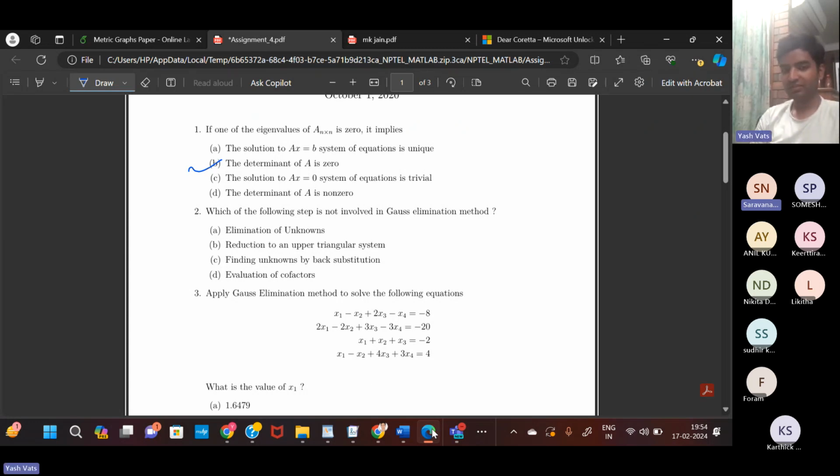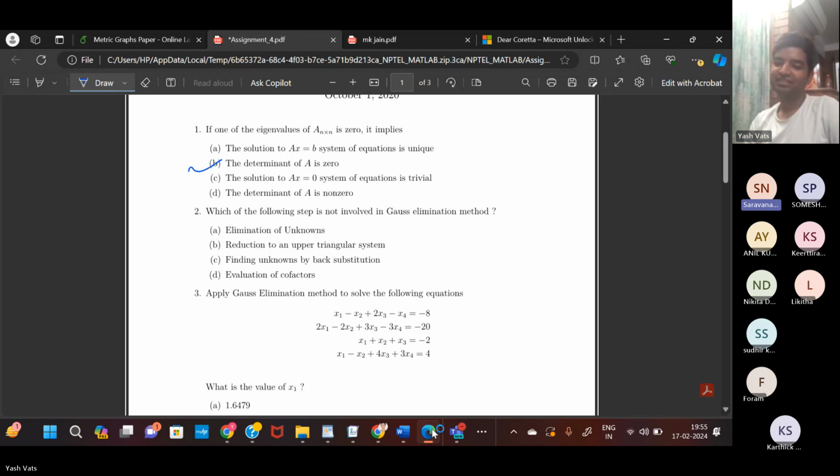So the solution of Ax equal to B is unique. That is the first option. Then the second is the determinant of A is 0. Third is the solution of Ax equal to 0 system of equations is trivial.